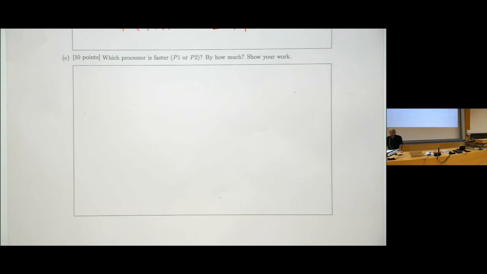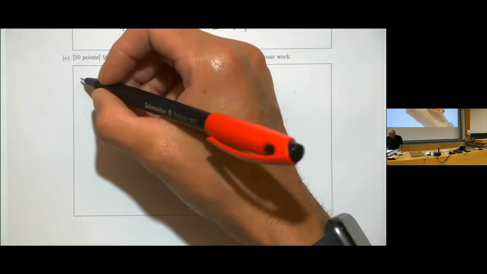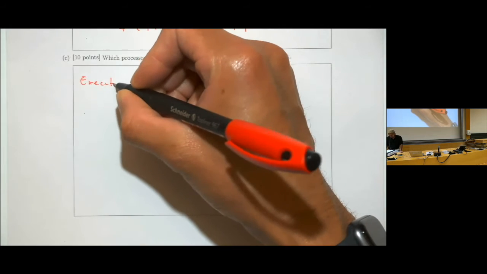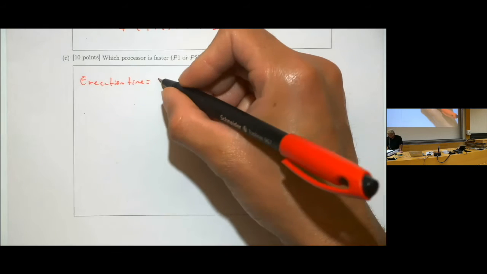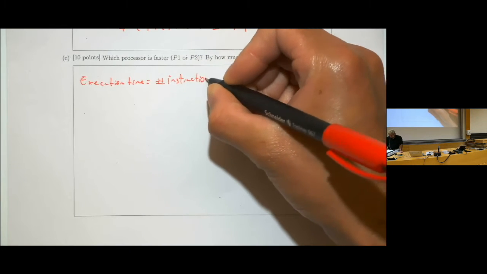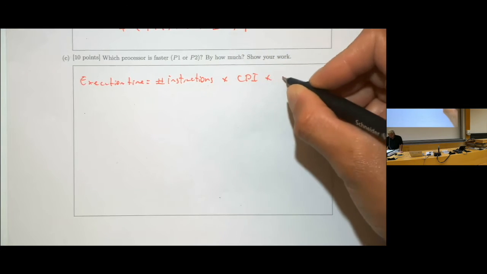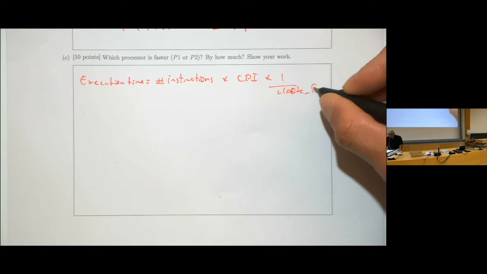Again, I said this last time also, a really important equation to remember is the execution time equation. So execution time is equal to the number of instructions times the CPI times 1 over the clock frequency.